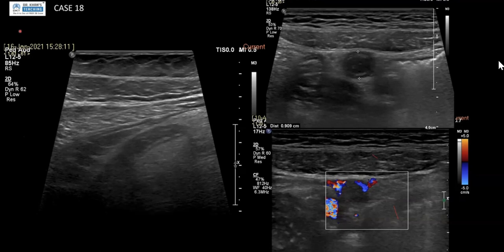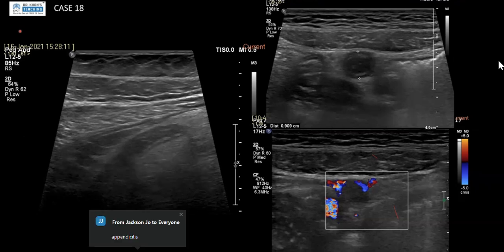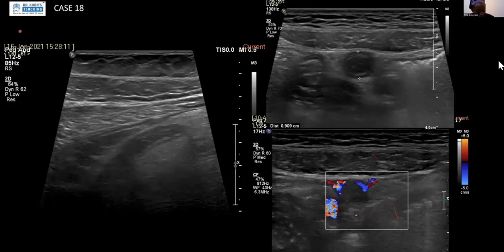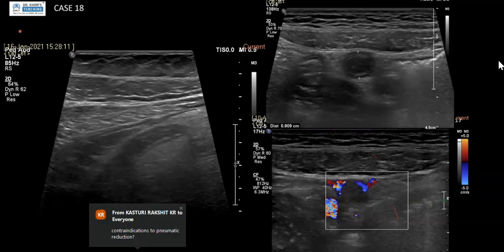And on the left side, top left, is the transverse image of the previously mentioned tubular structure. I think this represents the appendix. The diameter is 0.9 cm, which is thickened. There's increased appendicular vascularity. So I think this is acute appendicitis.